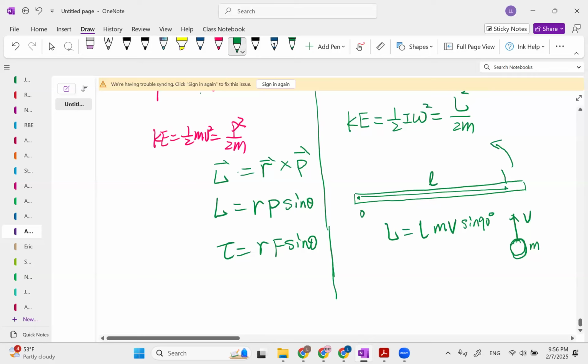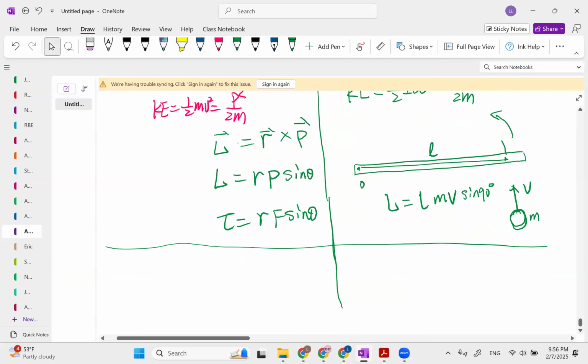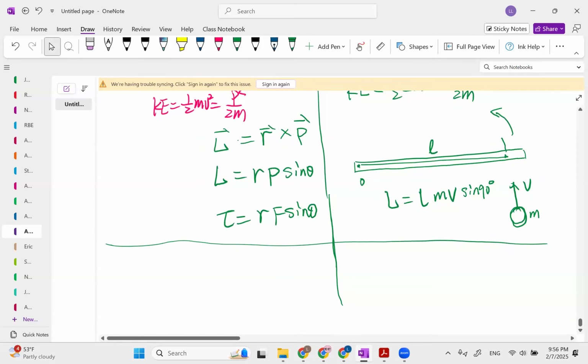Okay, so for momentum, what else do you need to know? Linear momentum and angular momentum.